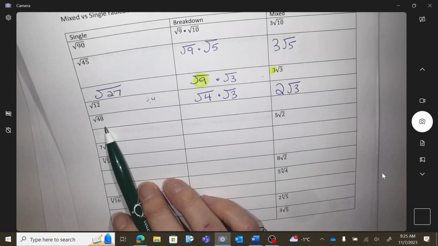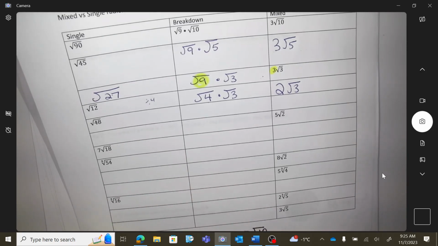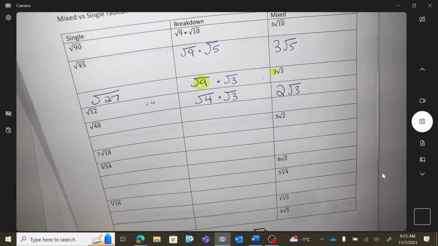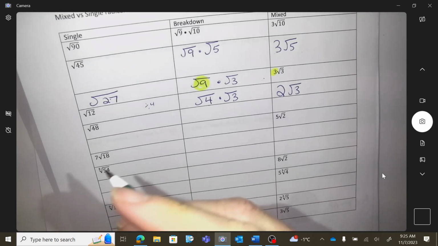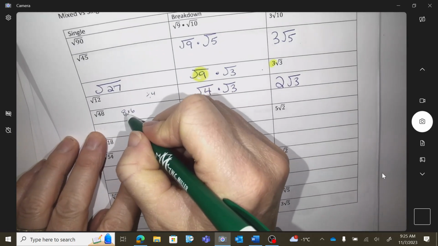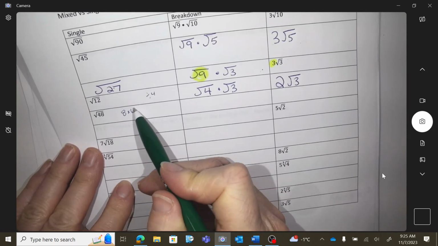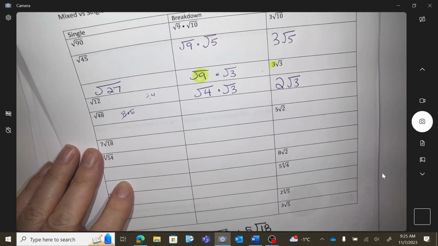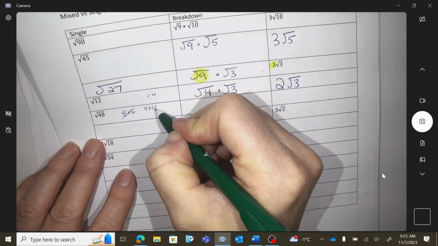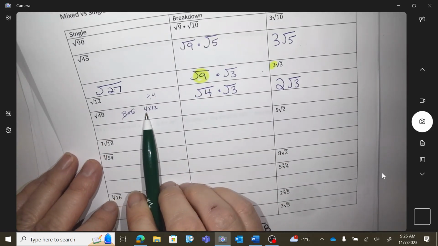Okay, 48 is divisible by what perfect square? 8 isn't a perfect square. 8 times 6? Yeah. But can I square root 8? No. Can I square root 6? No. What is it? 4 times 12. I can square root 4.